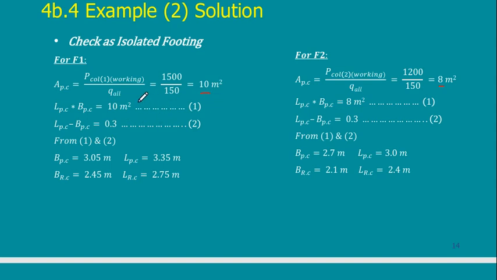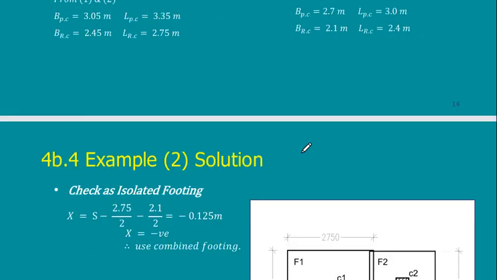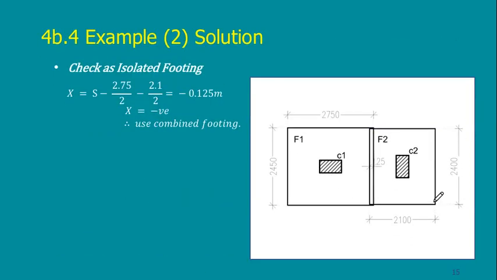Similar to any previous design, I will get the B and the L for the PC and the RC of both columns. I will draw both on my drawing. I find here that there is an overlap. Of course, if the overlap is just 25 centimeters, maybe it would be better in an actual case that I would reduce this direction and increase the other direction.